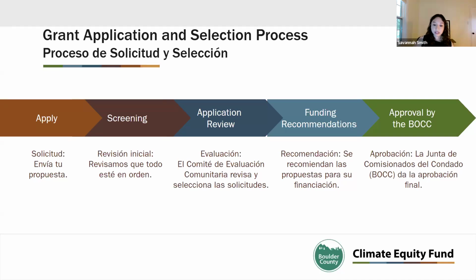Once this is confirmed, your application will be scored by the Community Evaluation Committee, also known as the CEC. And using the evaluations and recommendations from the CEC, as well as input from JSI and Boulder County, we will put together a recommended funding slate, which will be approved by the Board of County Commissioners.